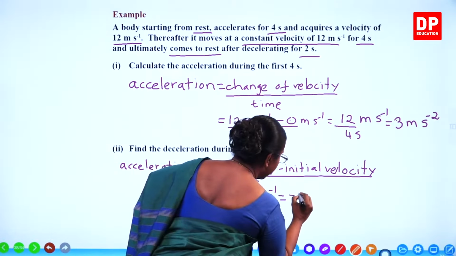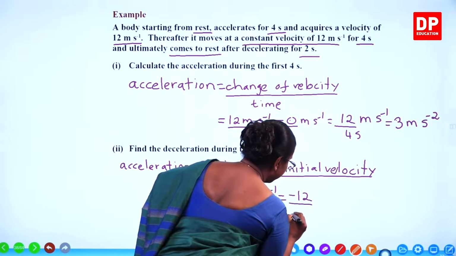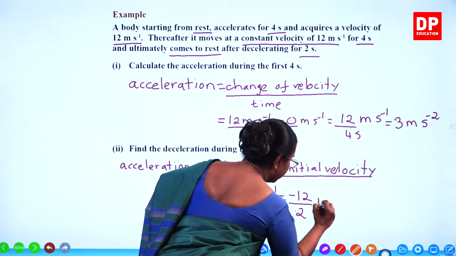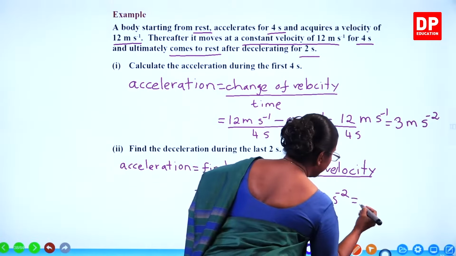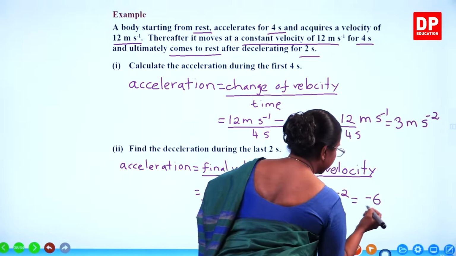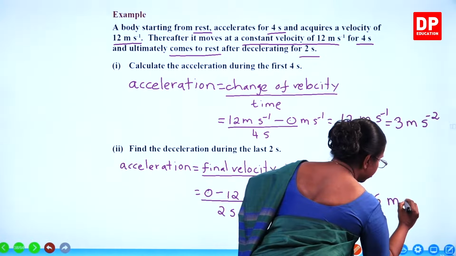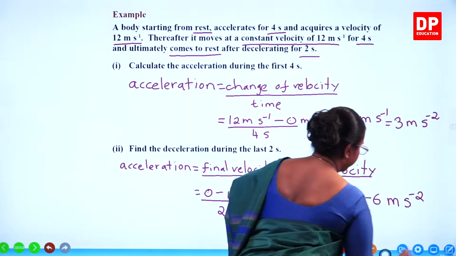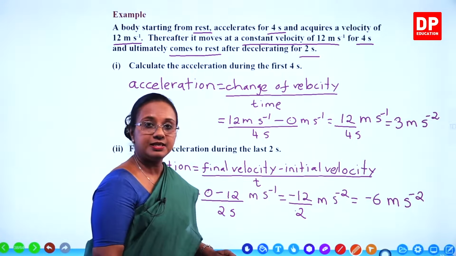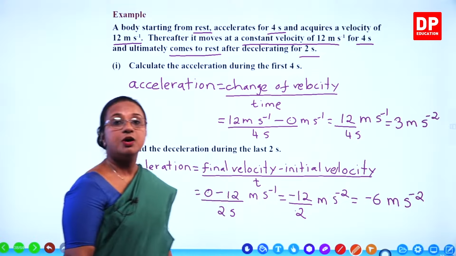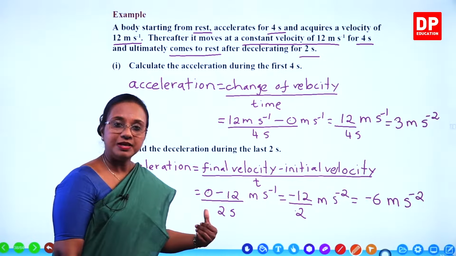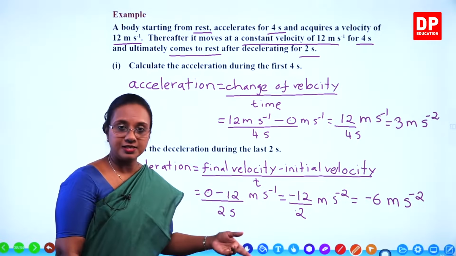That will be minus 12 divided by 2 meters per second square. The value will be minus 6 meters per second square. So here you can see the acceleration gets a negative value. So that means the object is decelerating.